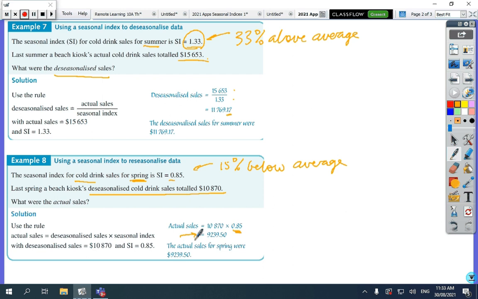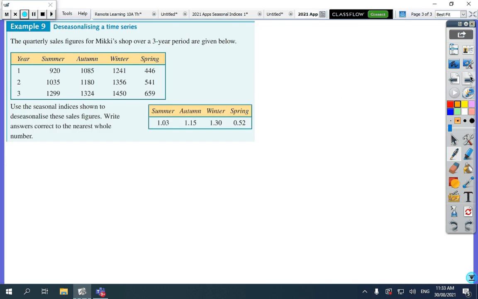So the actual sales were $9,239.50. So again, if you're deseasonalising, you're dividing by the index, and if you're trying to find the actual sales, you're multiplying by the index. So copy those two and come across when you're ready.